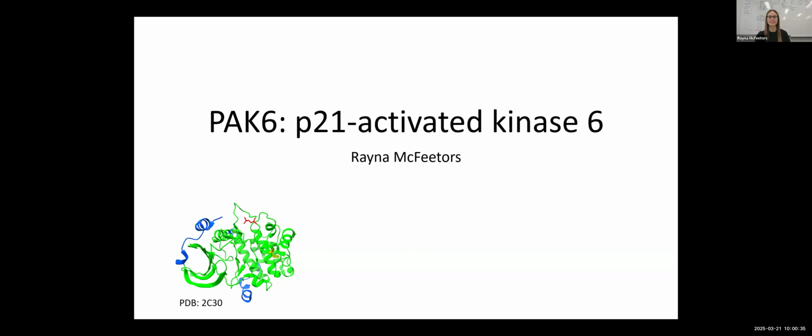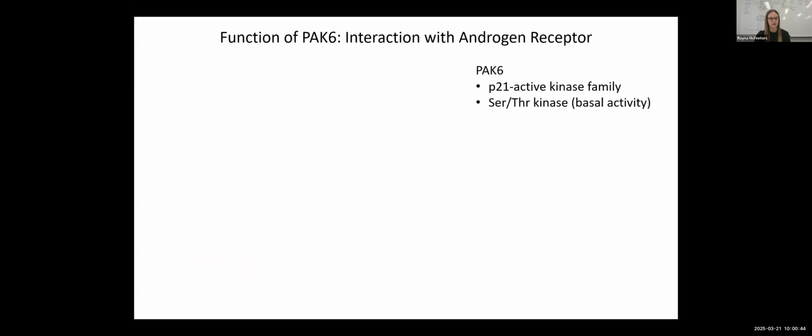Awesome. Good morning, everyone. Today I will be talking about a member of the dark kinome called P21 activated kinase, also known as PAX6. PAX6 is a serine-threonine kinase, and a member of the sterile 20 family of the STE group of serine-threonine kinases. PAX6 uses ATP and transfers a phosphate group from ATP onto serine or threonine, and maintains a basal activity.